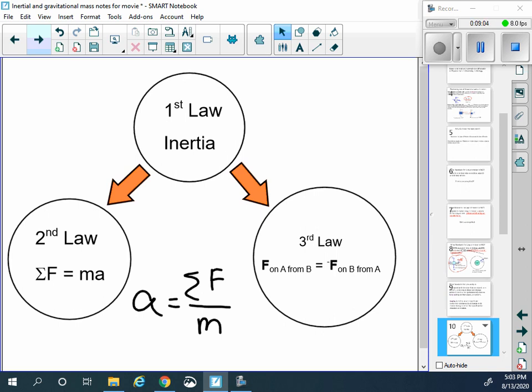But how does an object resist a force? When I am just standing off to the side of the road and someone tries to get me to go somewhere else, how do I resist when they push me? That's where the third law comes in. I push back.